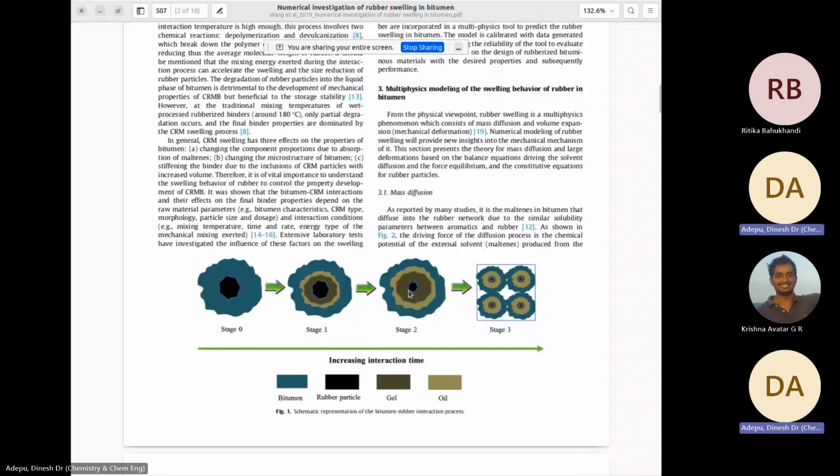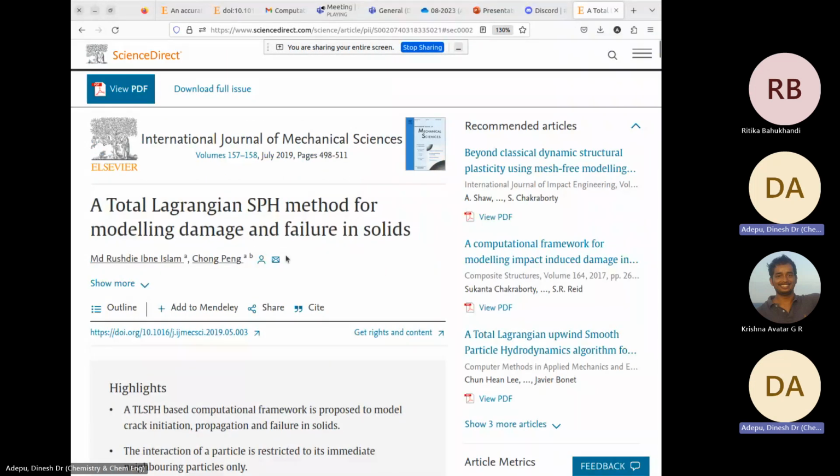So nobody has done it using SPH, like particle based methods. There are several particle based methods, and that can be easily done. If you have any questions, I can take some help from this course.